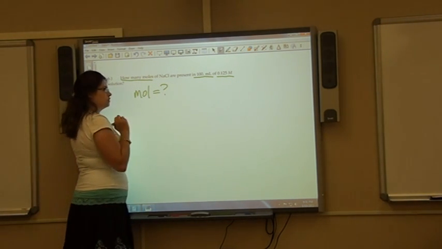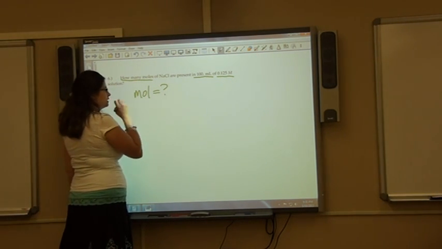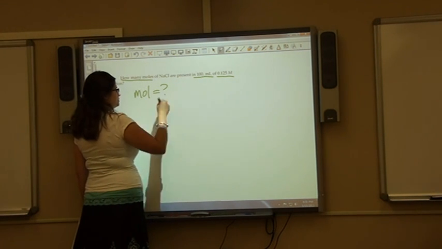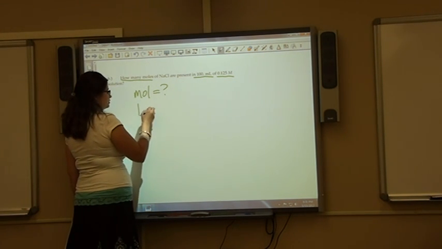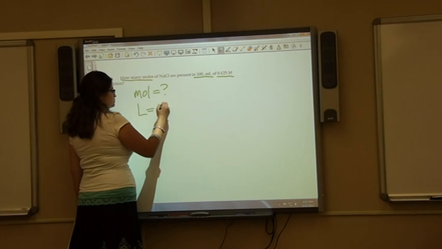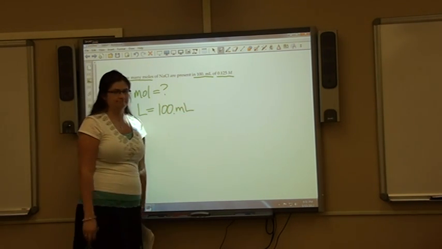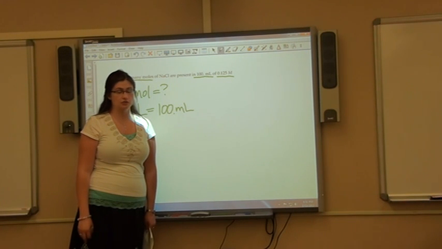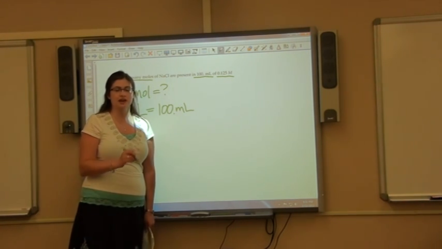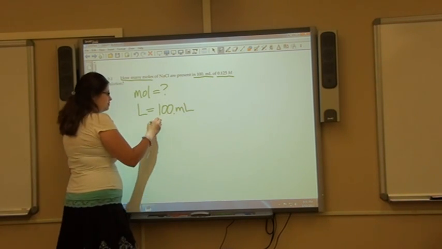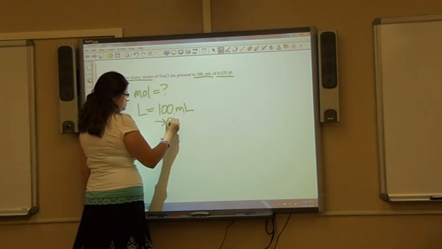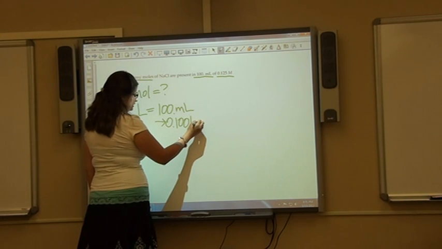That means moles equals question mark. And then here we have a volume, but we want to find liters. Liters does not equal milliliters, so we have to put that unit into liters. So you're going to divide by 1,000, that gives you 0.100 liters.